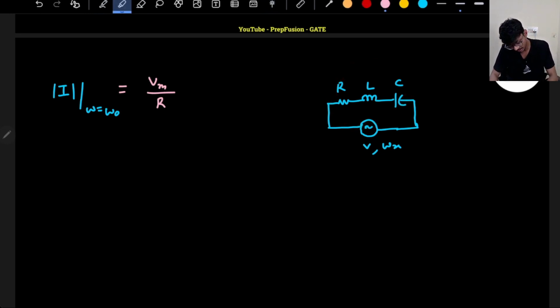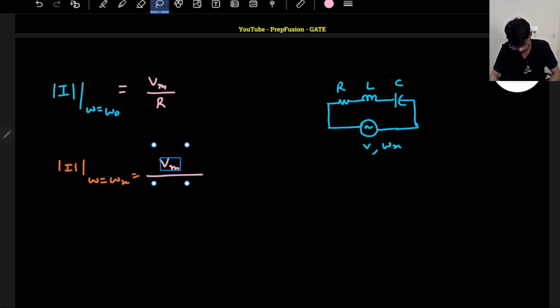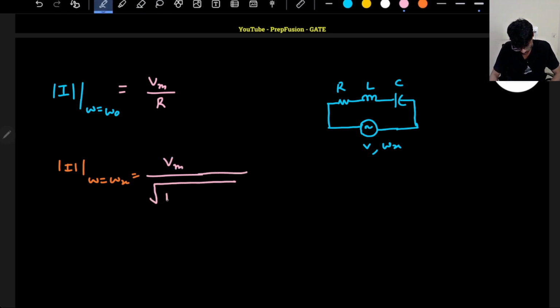What is the magnitude of the current at omega equals omega x? It will be Vm divided by under root R squared plus (XL minus XC), or I can write this as omega x into L. L is 1, so minus 1 by omega x.